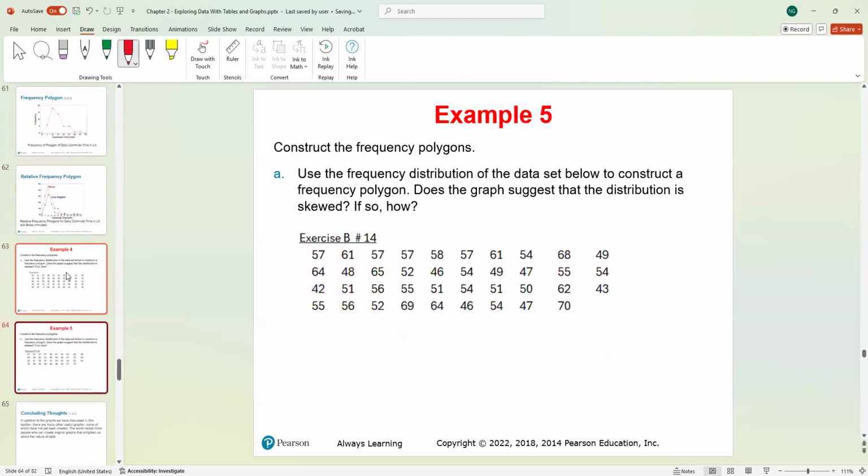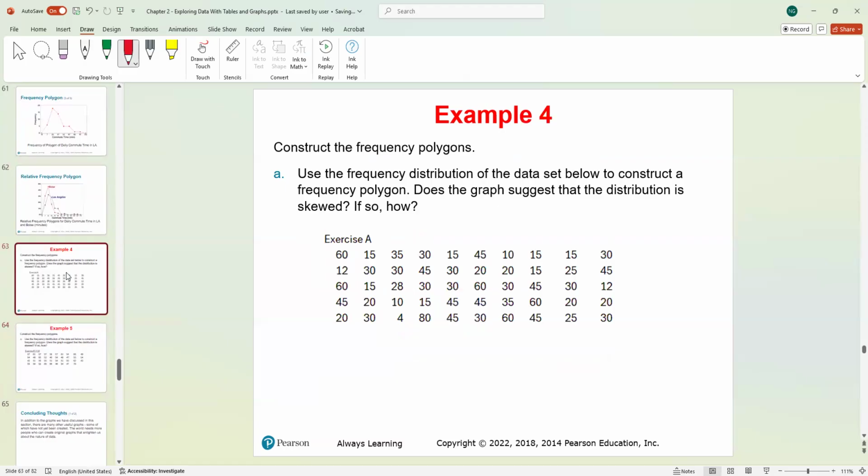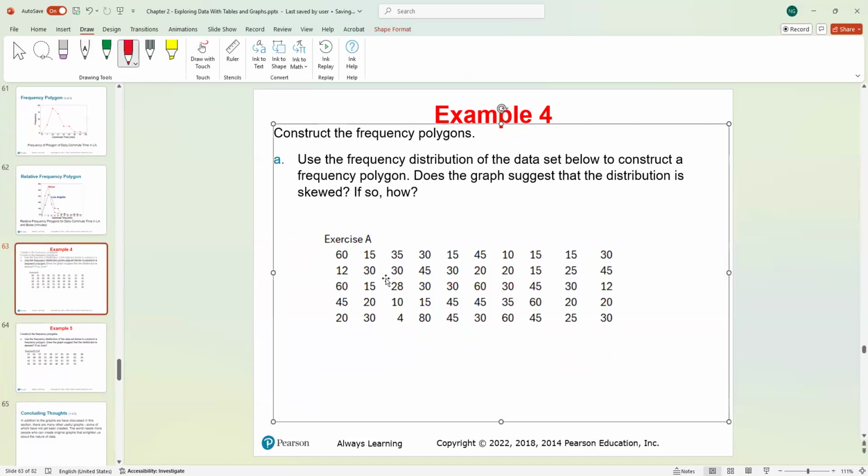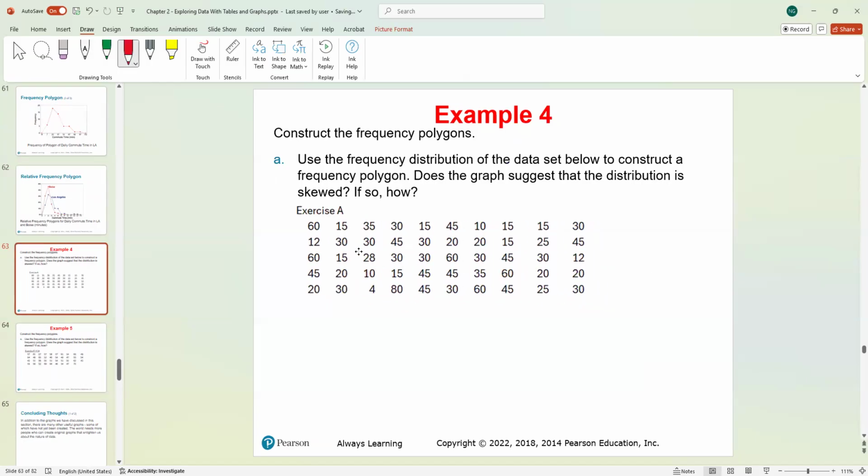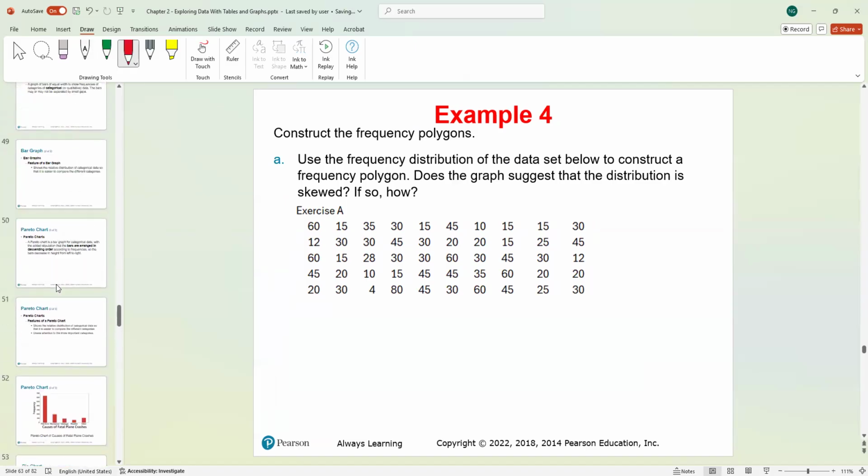All right. Now, I'm gonna do only one of these two examples and you feel free. The good news is, for these particular examples, we already constructed the frequency distribution table. I would probably go back very quick to section 2.1 where we constructed it already.